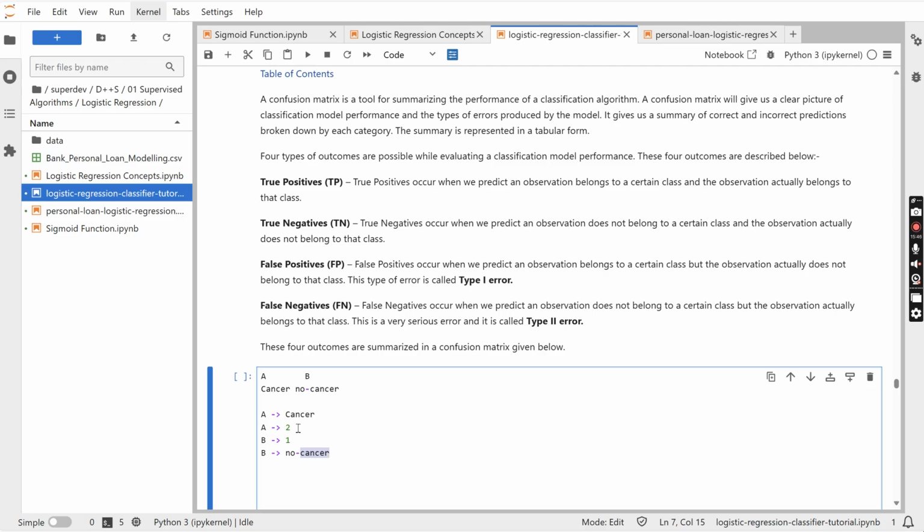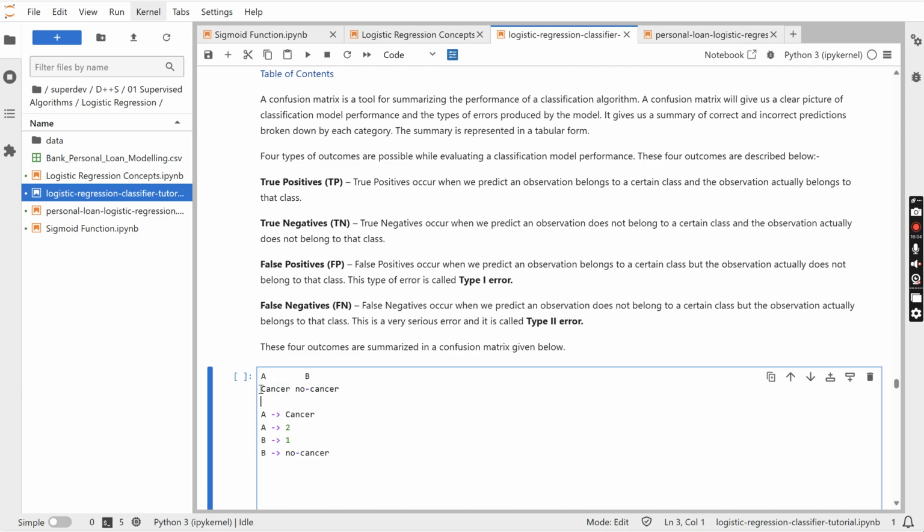False positive means, see, the person was supposed to be positive, but the model said he doesn't have cancer.